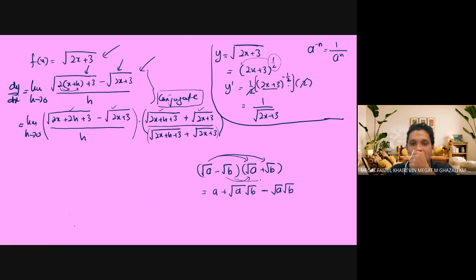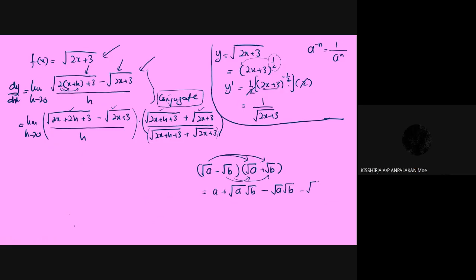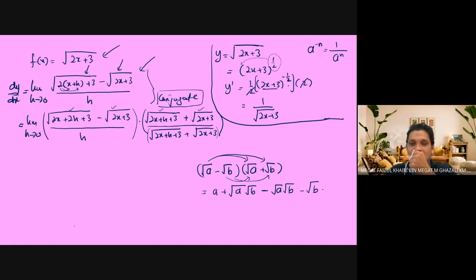Negative square root of b times positive square root of b is negative b. Now this one and this one are opposite to each other, so this is 0. So what's left here now? A minus b.